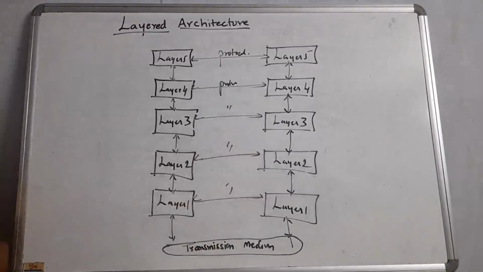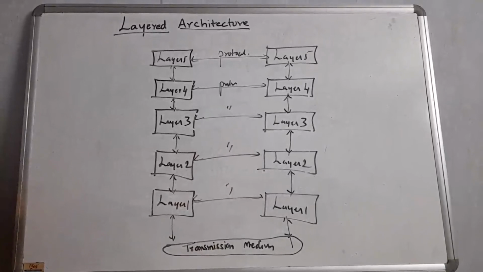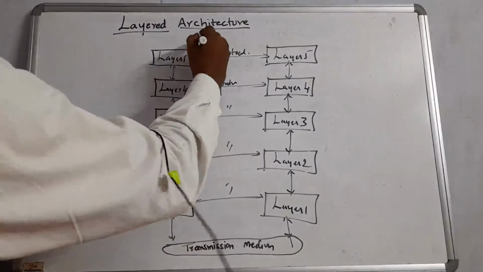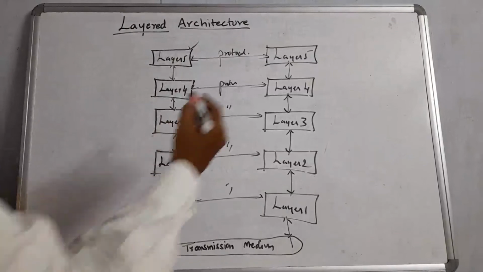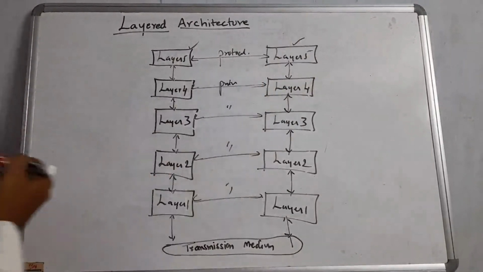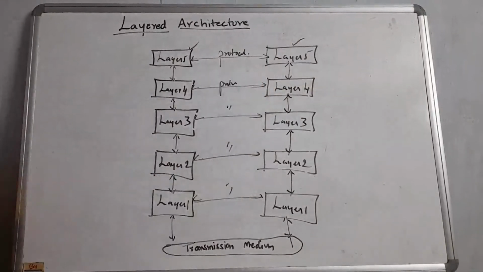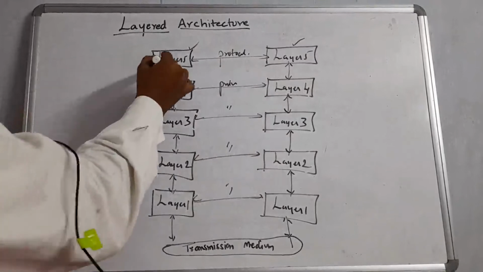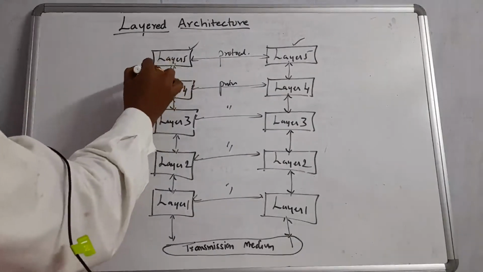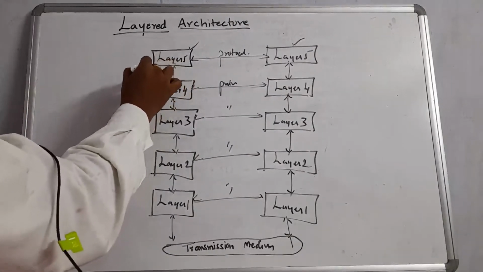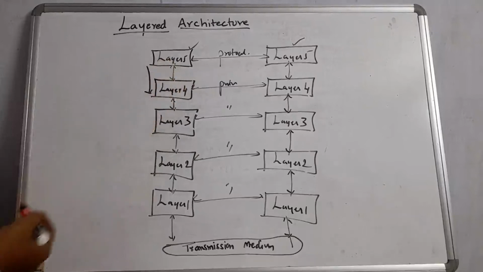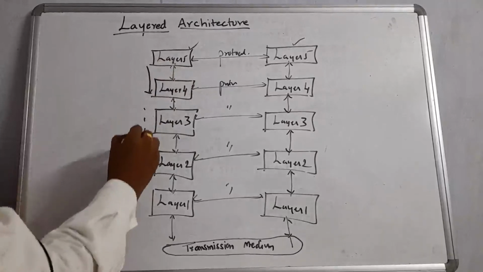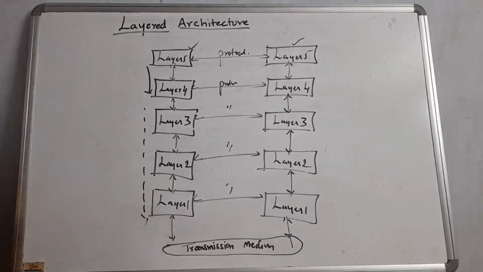In a layered architecture, no data is transferred directly from layer n on one machine to layer n on the other machine. Instead, each layer passes its messages or data to the layer immediately below it, until the lowest layer is reached.